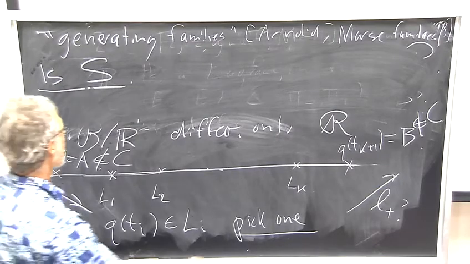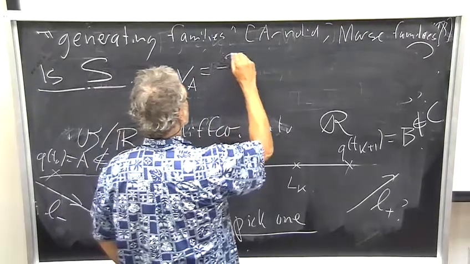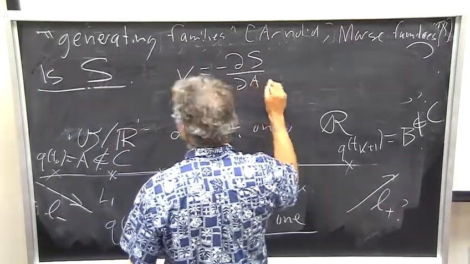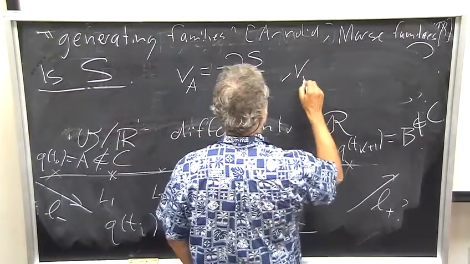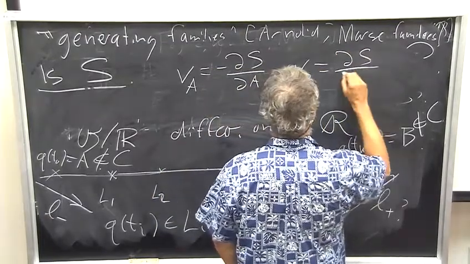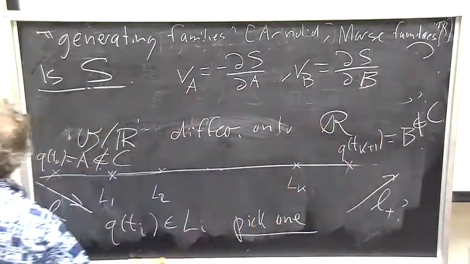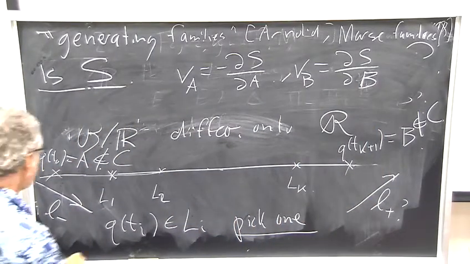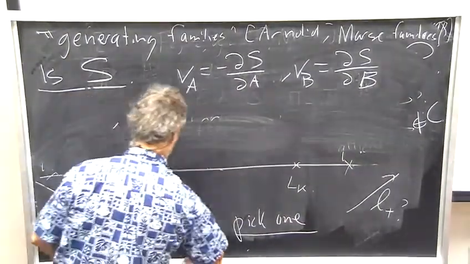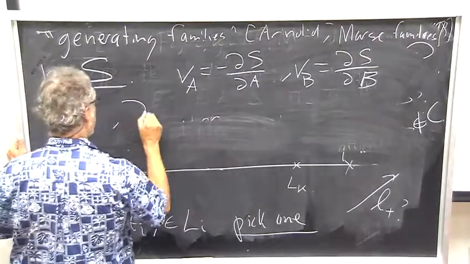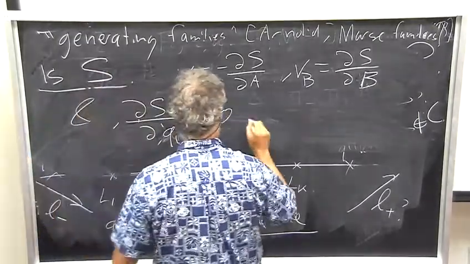And what that means is that if I set V_A equal to minus dS/dA, so now A is Q0, and V_B is dS/dV_B, differentiate with respect to the last guy, and then set all the other derivatives 0. Let's just say dS/dq_i equals 0.